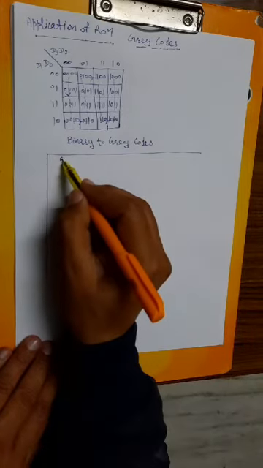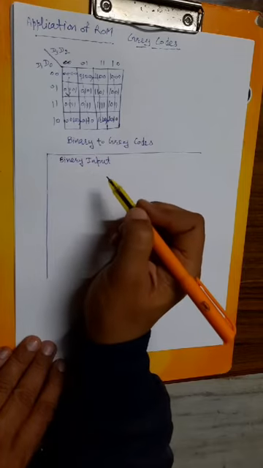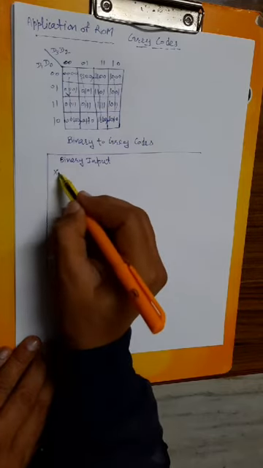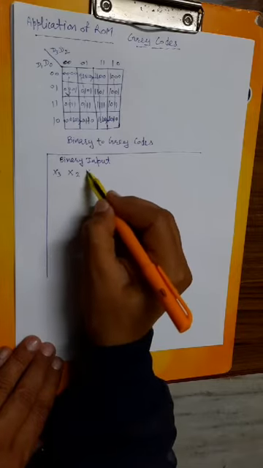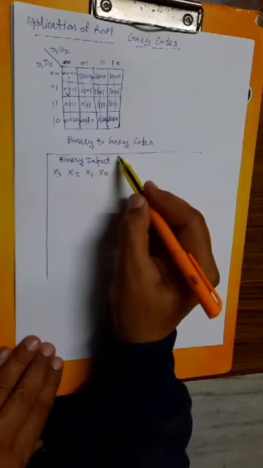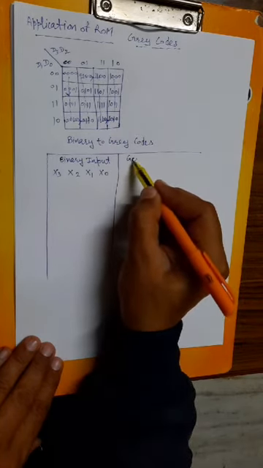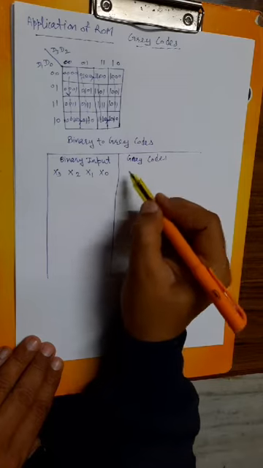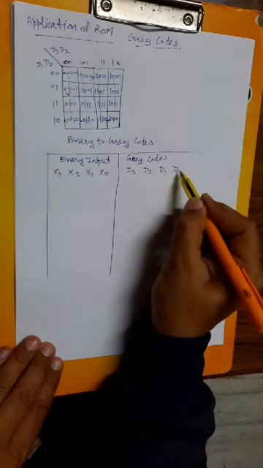Binary input, which we name X3, X2, X1, X0, and gray codes as D3, D2, D1, D0.